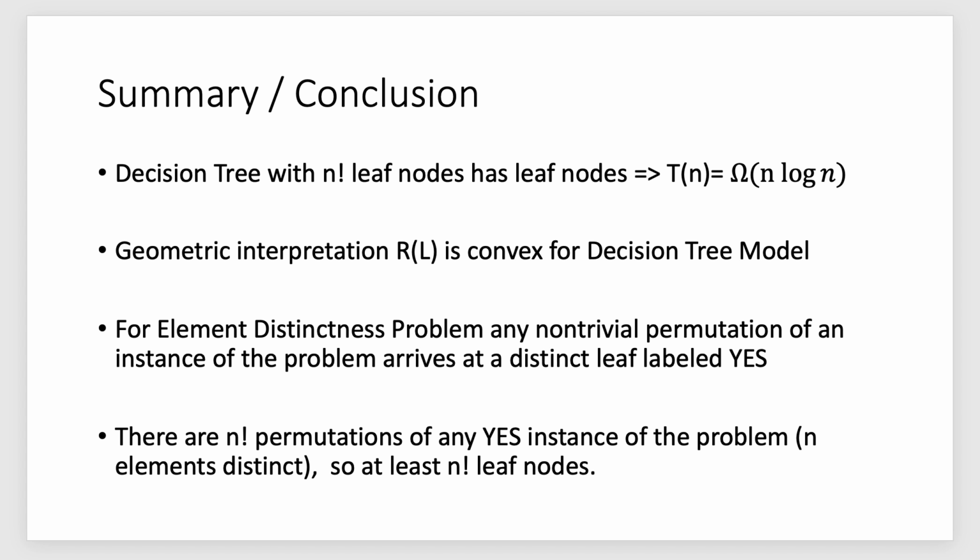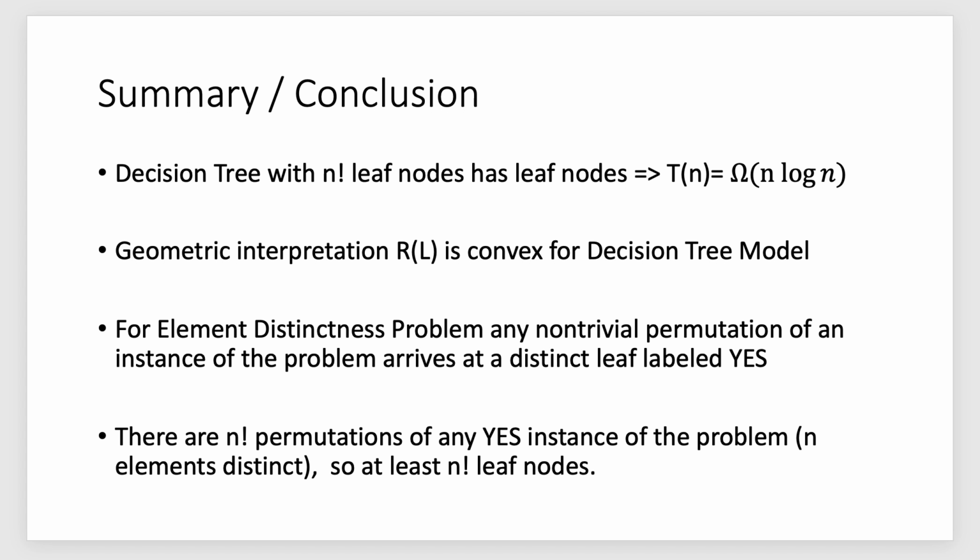As a summary of this proof, to conclude: we know that the decision tree model with n! leaf nodes has a time complexity of n log n.